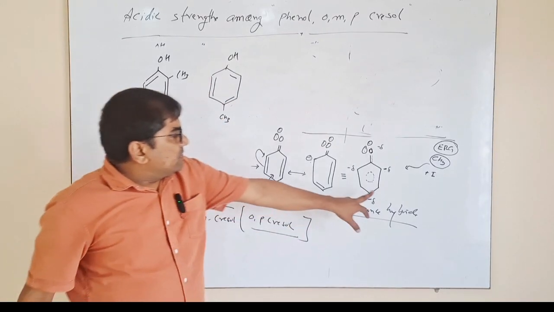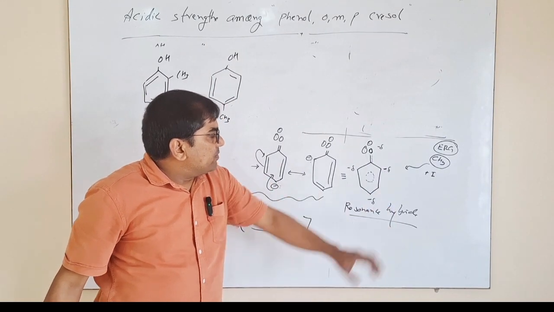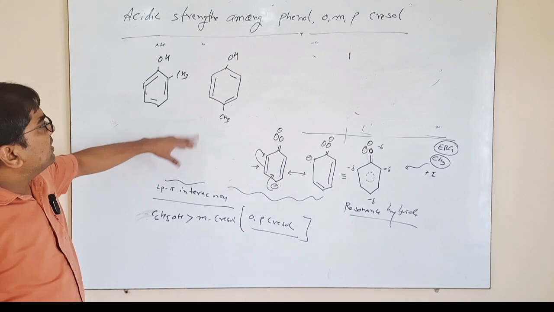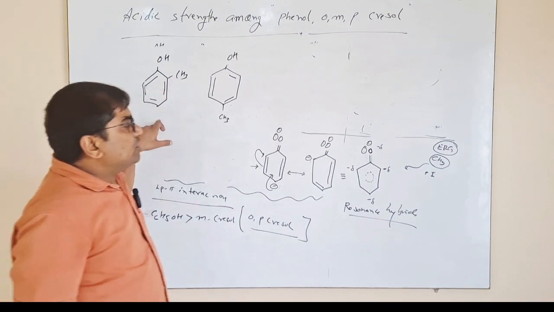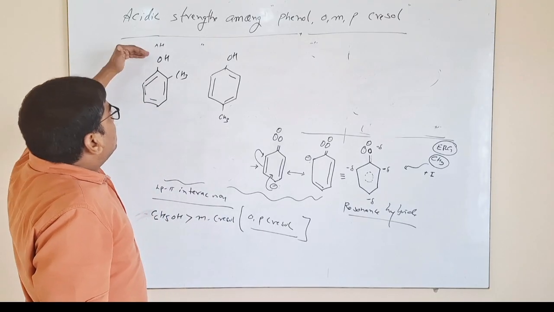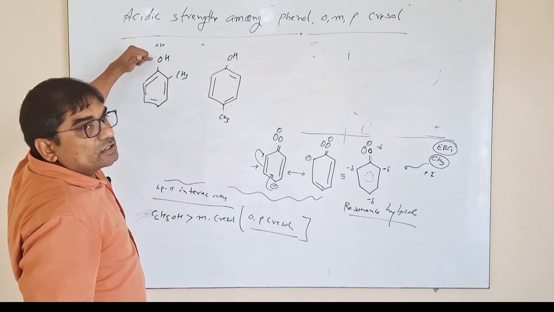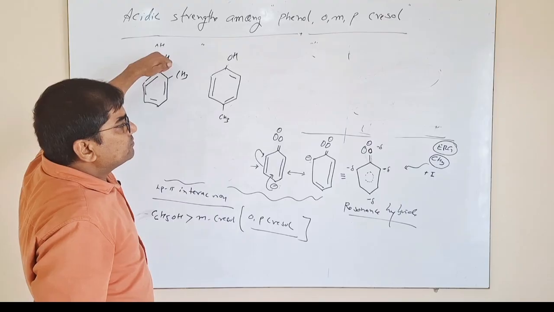Since from this resonance hybrid it's clear that when methyl attaches at ortho and para positions, higher electron density will be at the oxygen attached with the hydrogen.